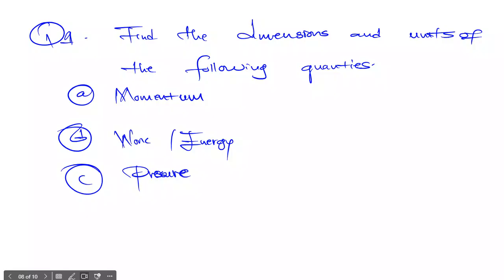To be very good with you, I know most of you start complaining you don't know the formula for this. So I'm going to give you the formulas, but don't expect to be given formulas in the exam. Momentum is given by mass multiplied by velocity.